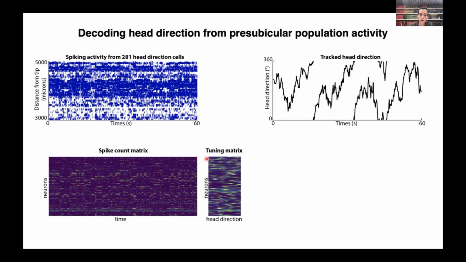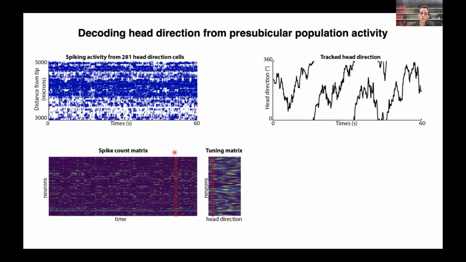So here each row is the tuning curve of one head direction cell. And we can then decode head direction by essentially comparing the activity pattern at one moment in time with the expected activity pattern for each head direction.